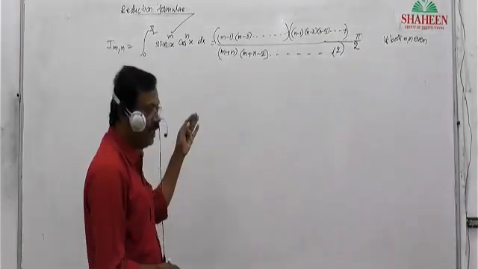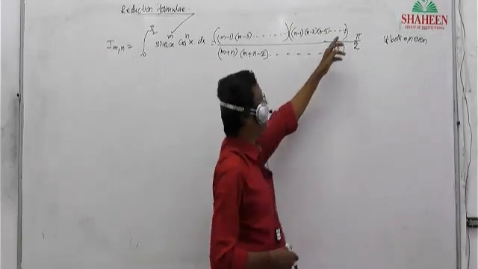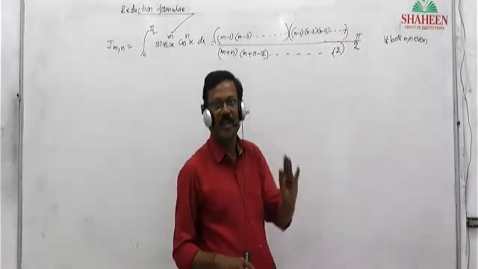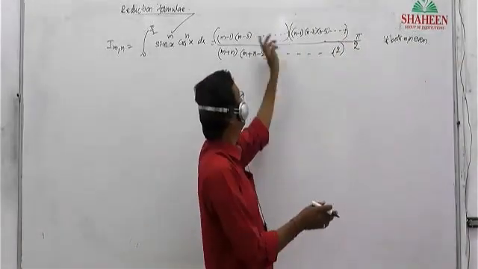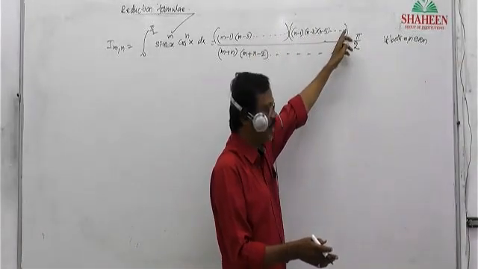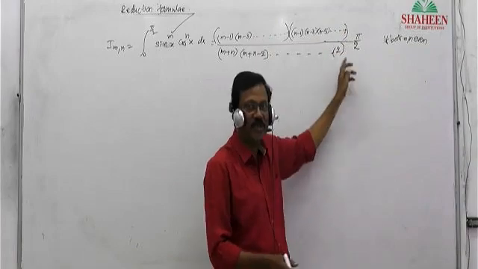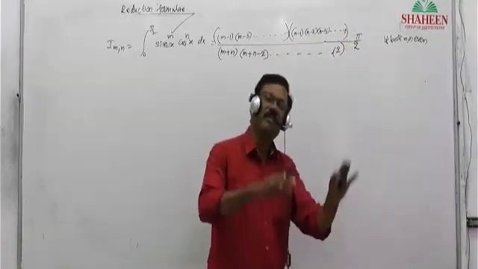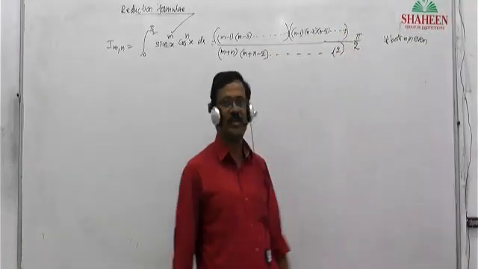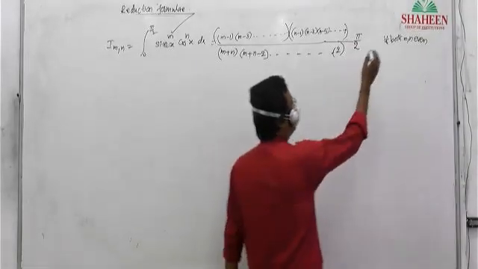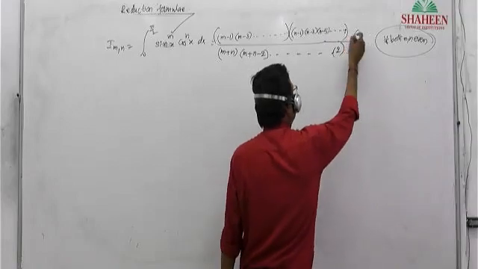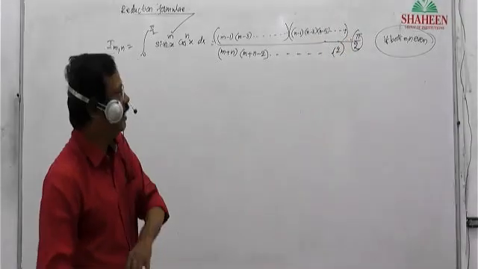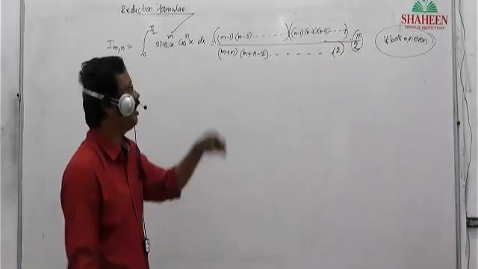But here, when you get 1 by 2 as the last number, both m comma n even, definitely in the series you go on like this, you get to 1 by 2. If you get 1 by 2, keep pi by 2 here also. Or you can remember this: both m comma n even, write pi by 2 at the end. If both are not even, we won't write pi by 2.